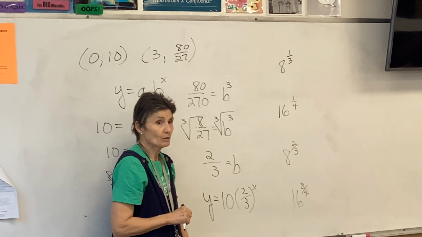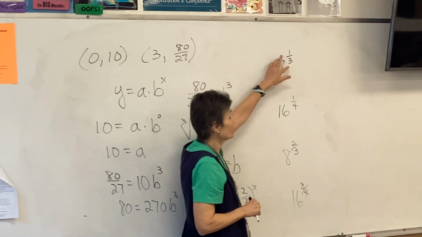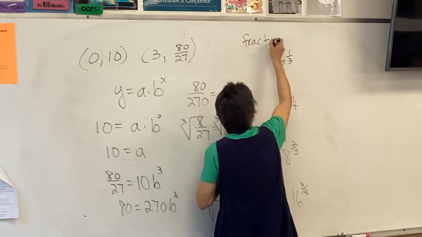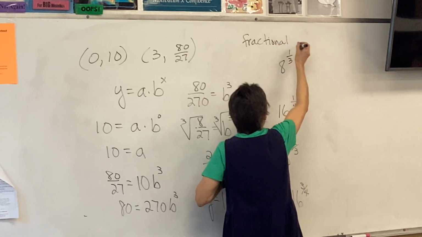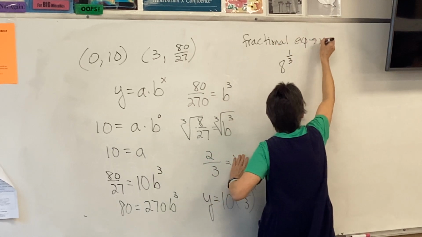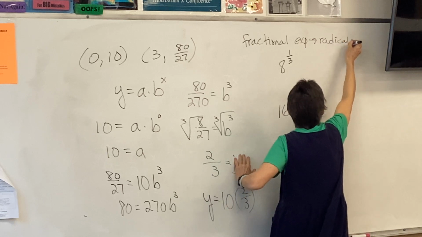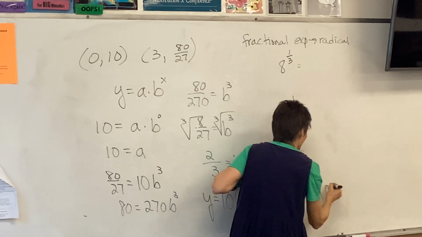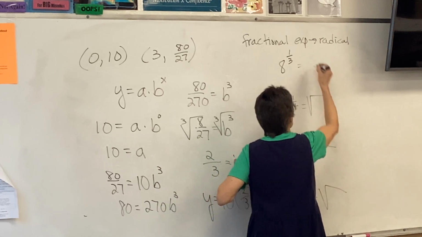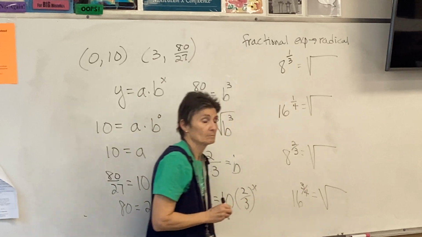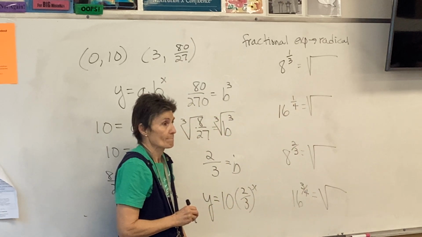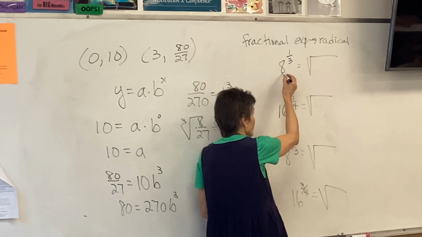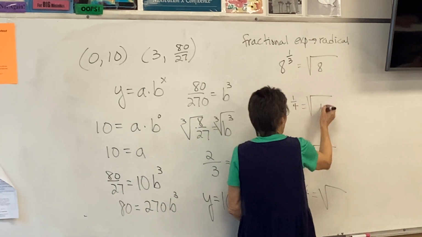A fractional exponent, an exponent that is a fraction, always means a radical. A fractional exponent is a radical. So every time I see one of these, my brain is going to think radical. This number, not the exponent, the big number, goes under the radical.